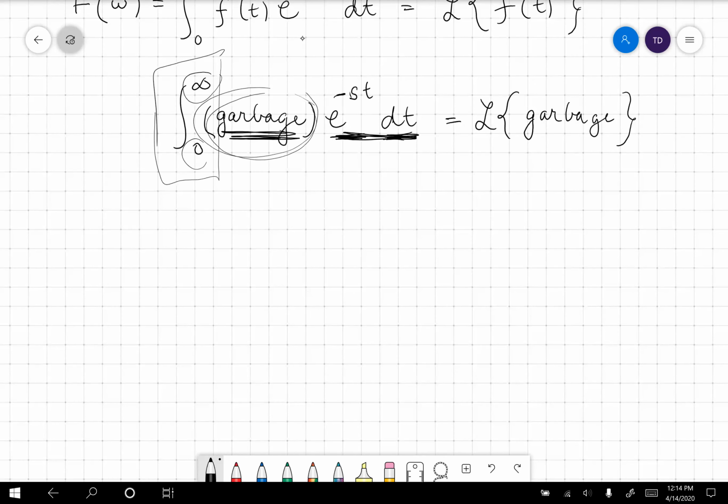So if I wrote the following, the integral from 0 to infinity of g of t plus 22 times e to the minus st dt, this is equal to the Laplace transform of g of t plus 22.